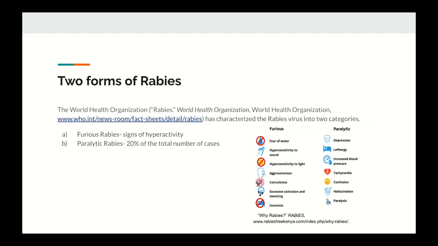Death occurs within a few days because of cardiorespiratory arrest. The second form is paralytic rabies, which only accounts for 20% of the cases. This form runs a longer course than furious. The muscles gradually become paralyzed starting at the site of inoculation, and a coma develops slowly and eventually death occurs.